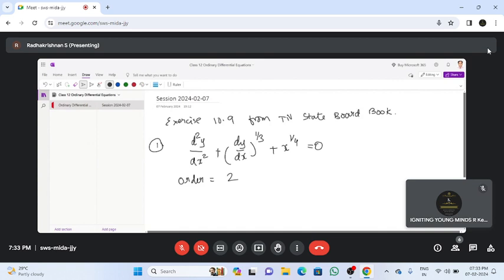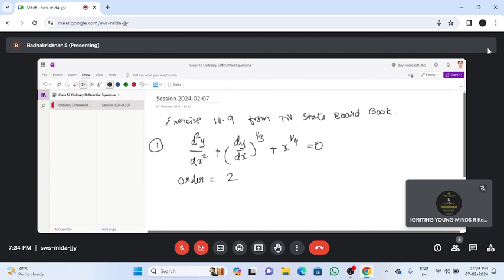And what is the degree? Three, sir. Yeah. The degree is the degree of the highest order term. So in this case, what is the degree of d square y by dx square? So that is what we need to see. It looks like it is 1 here.